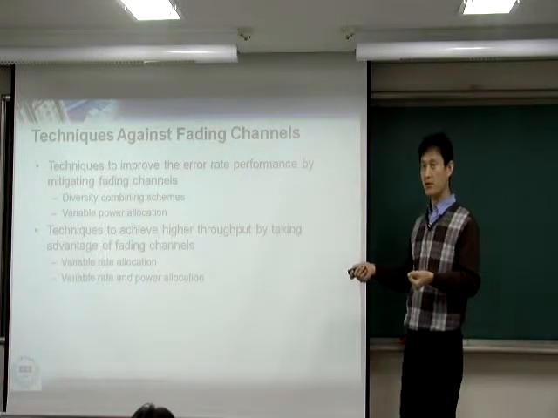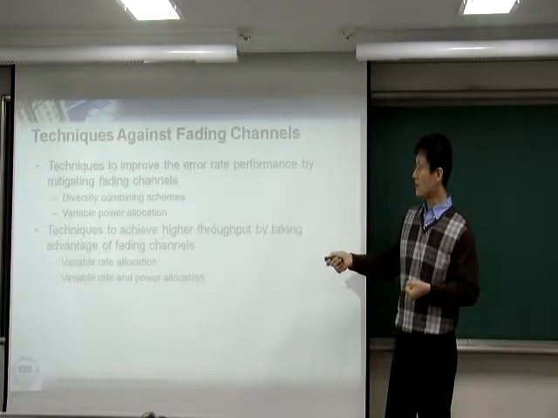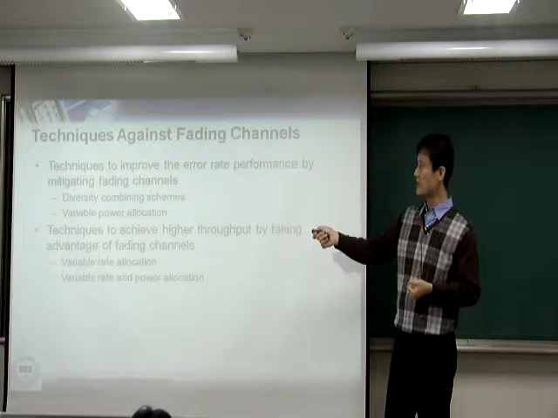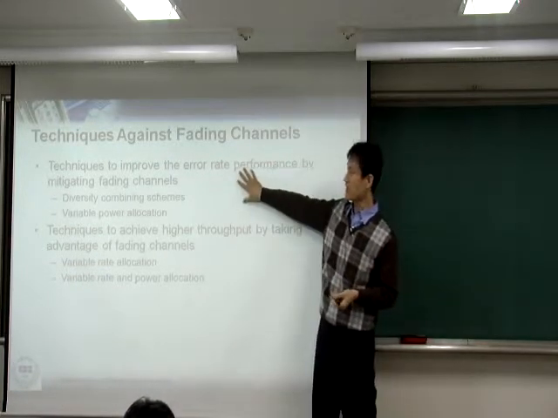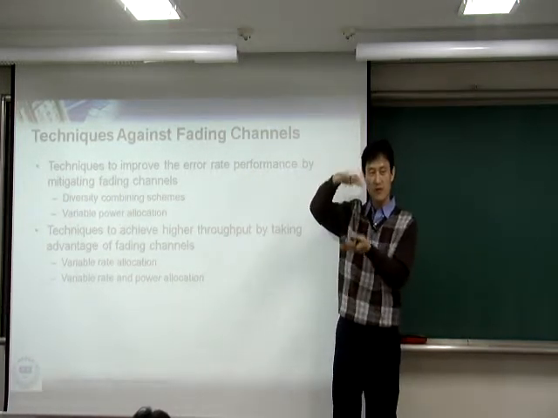Another possible category of dealing with the fading channel is that we can take advantage of the fading channel. Not mitigating, but taking advantage of. What that means is, the first type is that we have a fading channel and we want to reduce the fading effect.